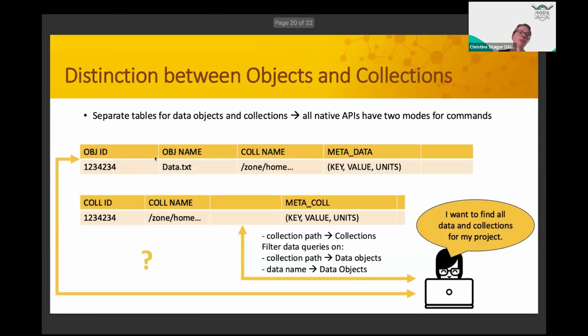Basically that boils down to how iRODS collection names and object names are stored. So we made 3 queries, one for the collections, one for the data objects to filter on the collection path, and one for the data objects filtering on the data name. If you have slashes in your search term, then the last part will always be mapped to the data name.